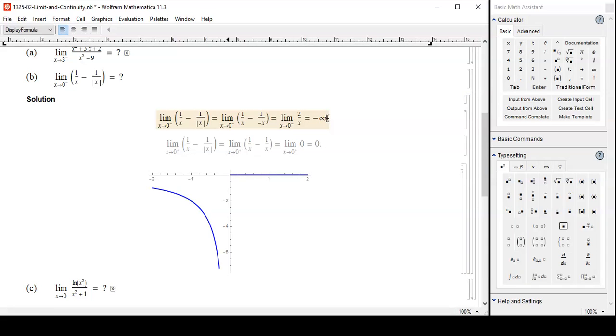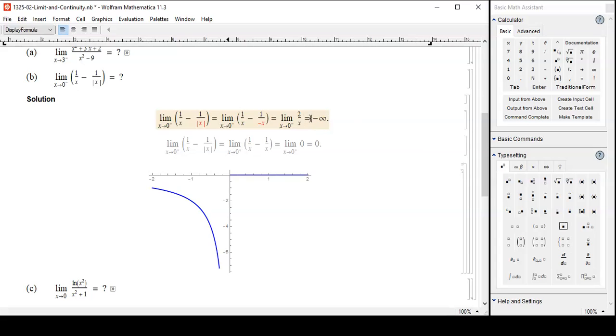Why is that? That's because this absolute value is equivalent to negative x, because you see x is getting closer and closer to 0, but a little bit less than 0 because this is 0 minus. So how do you make it positive? By putting extra negative on there. So what do we have? 1 over x minus 1 over negative x, so 2 over x.